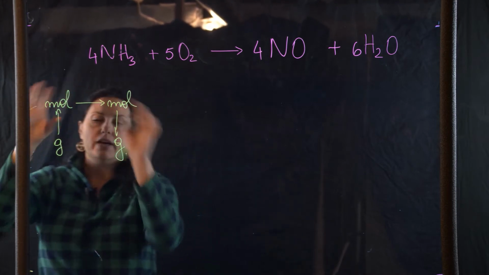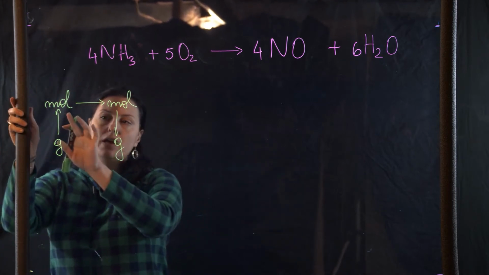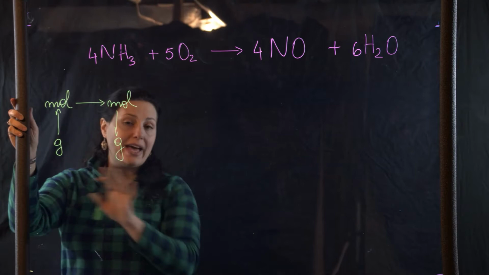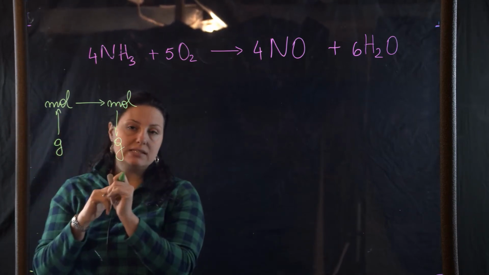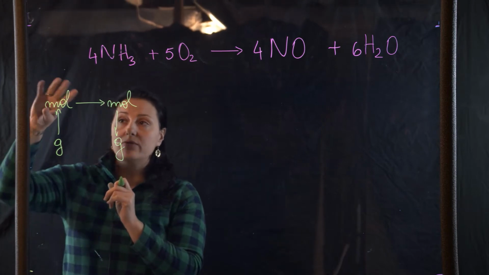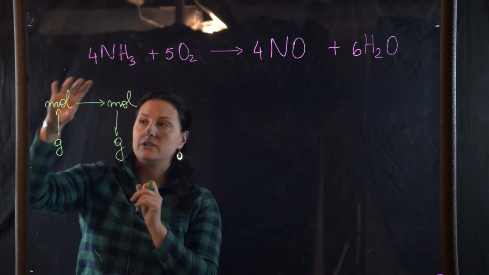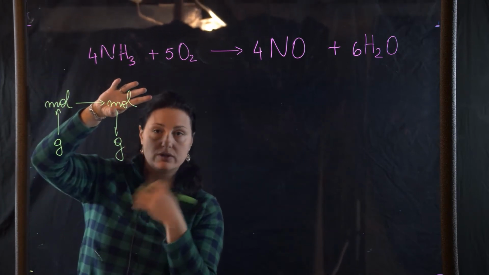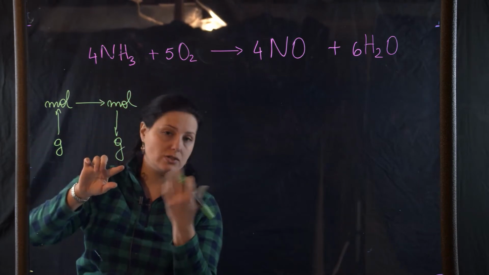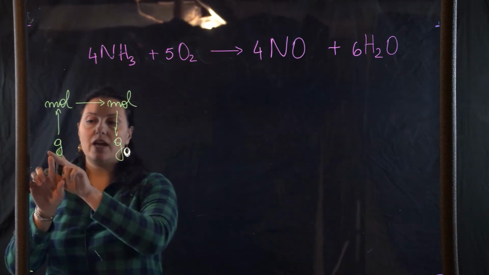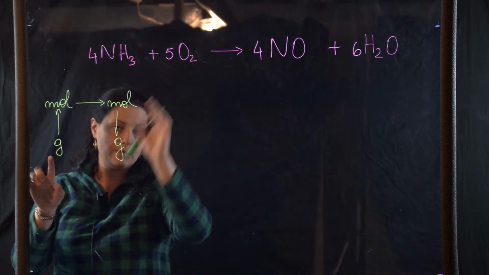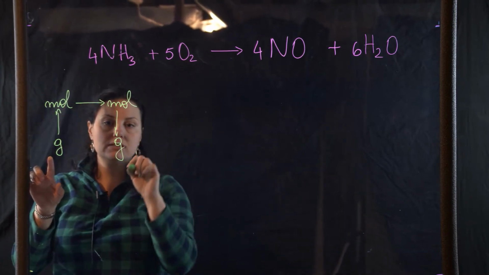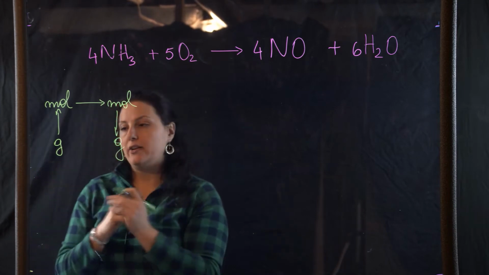That's the flow. Now you don't have to have all of these amounts, all of these steps necessarily. You might start with moles up here, convert it to moles of another substance, and then back to grams. Or you can start with grams of one substance, convert it to moles, then convert it to moles of another substance and stop there. But this is the longest version of it.